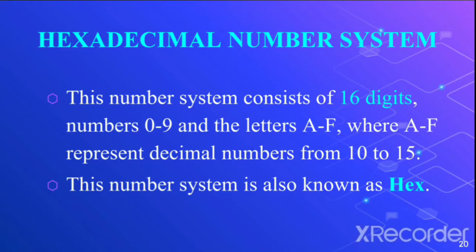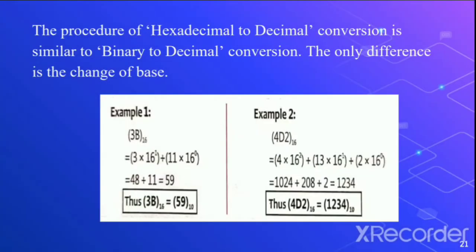So in total we are having 16 digits, that is 0 to 9 numbers and A to F alphabets. This number system is also known as hex. Hex stands for 16.